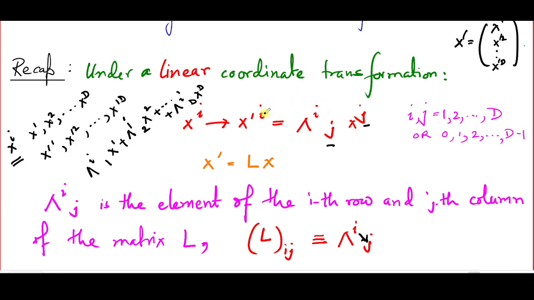So, since you have I upstairs here, you have I upstairs here, and the dummy indices have to be summed up, but they have to be downstairs and the other has to be upstairs. X's are always written with upstairs indices, and so x upper j has to come with a lower j on lambda. So that sort of explains why you have this particular notation.